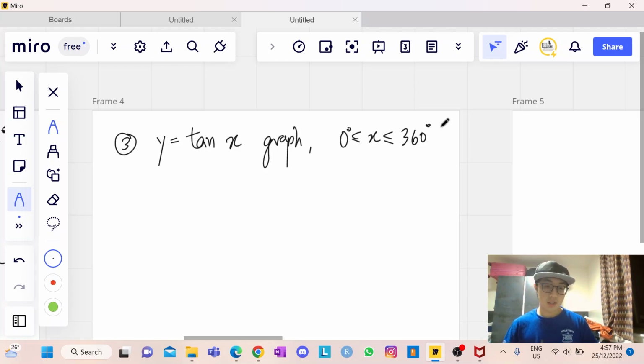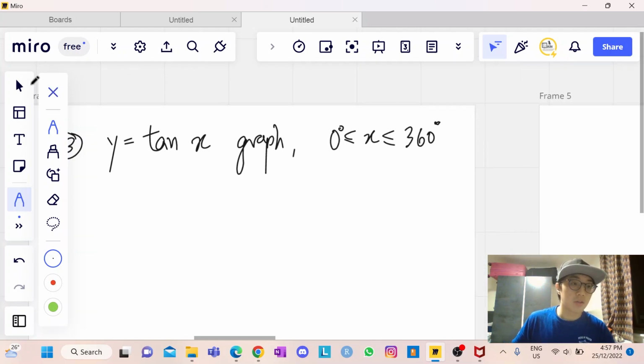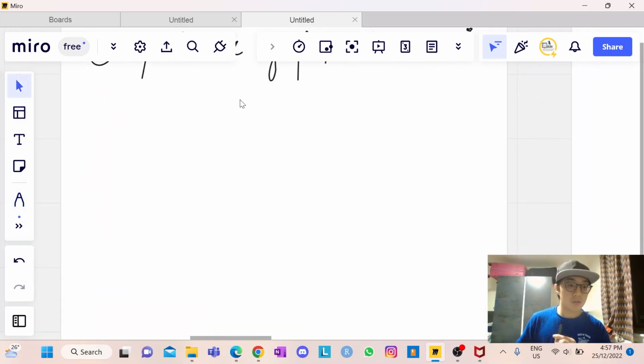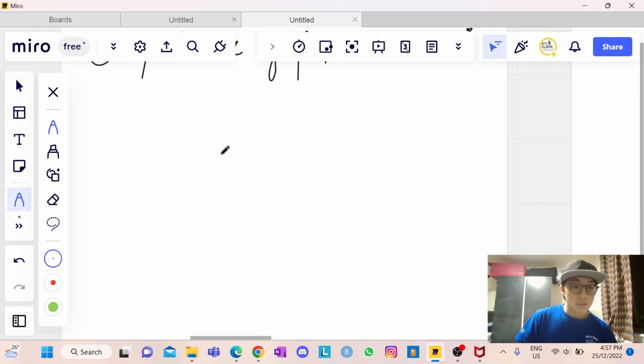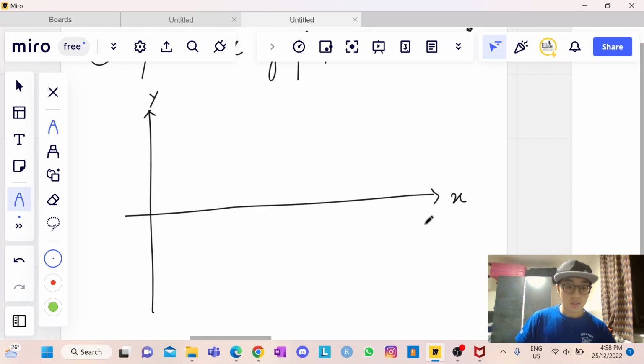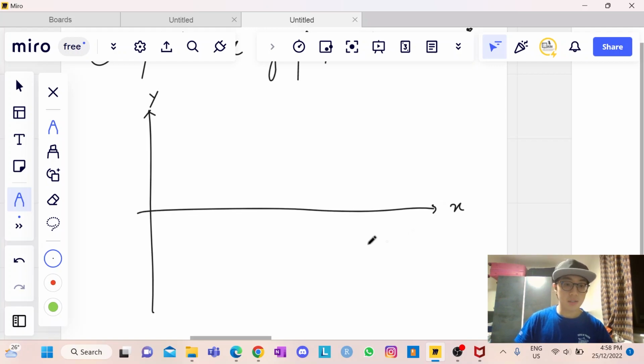This is a little bit hard. I mean, it's not hard, it's very special as compared to sine and cosine. There's something to take note of here. This is y and this is x.